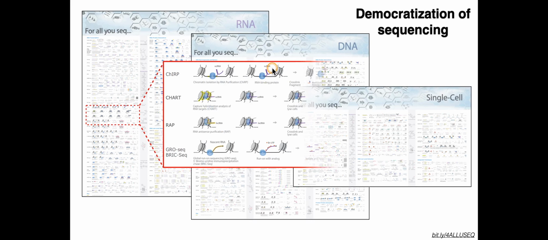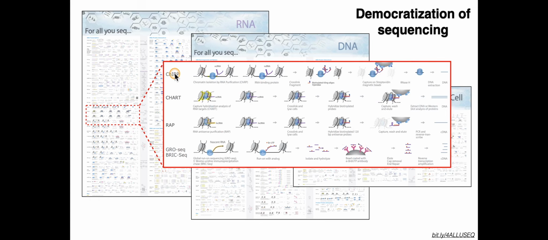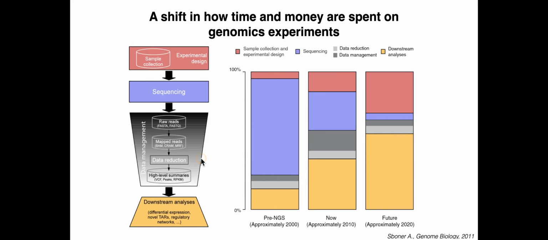And if you zoom in on any part of this poster, you're going to see individual sequencing-based applications, ChIRP-seq, CHART-seq, RAP-seq, GRO-seq, some of which were one-off technique developments that really aren't widely adopted, and others that become really foundational to an entire field of biology like epigenetics.